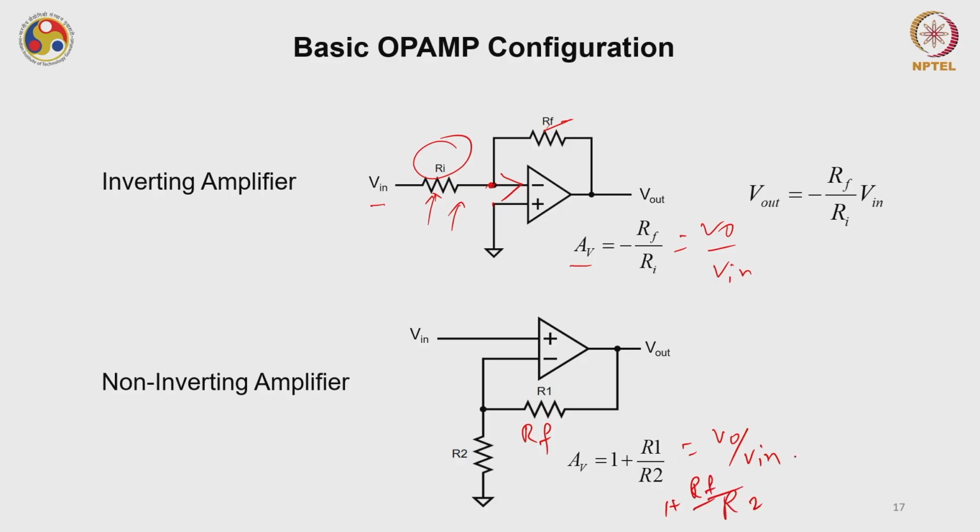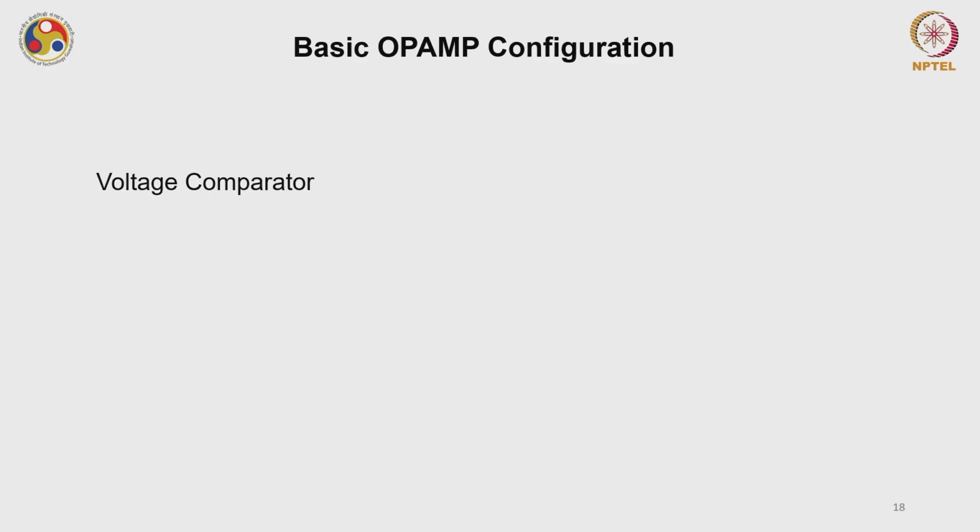Please note that the names inverting and non-inverting come from this sign. This is negative, so it is inverting, and this is non-inverting. Accordingly, you apply signals to the negative terminal or the positive terminal. So these are the basic inverting and non-inverting amplifier configurations.